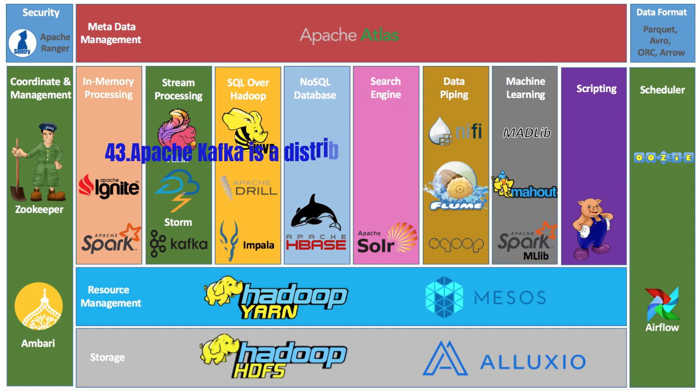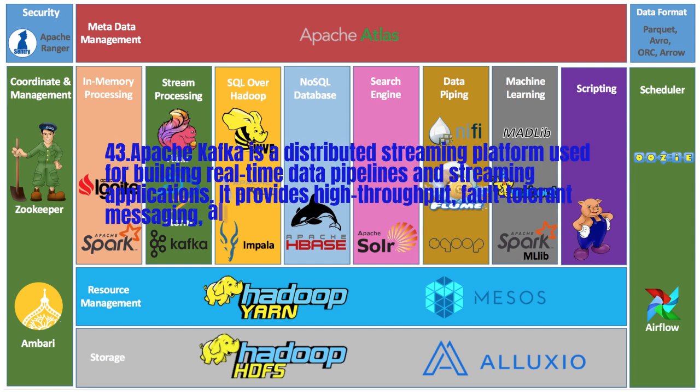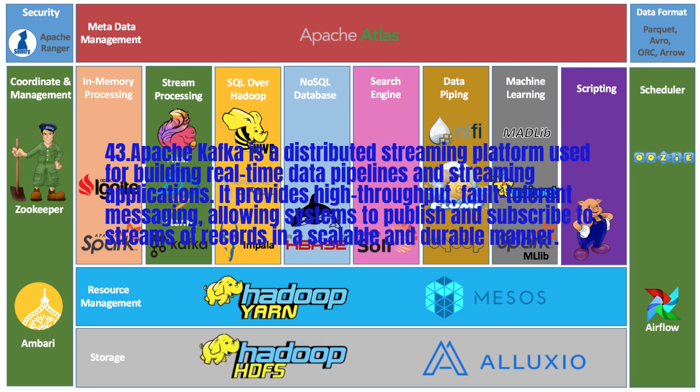Apache Kafka is a distributed streaming platform used for building real-time data pipelines and streaming applications. It provides high throughput, fault-tolerant messaging, allowing systems to publish and subscribe to streams of records in a scalable and durable manner.